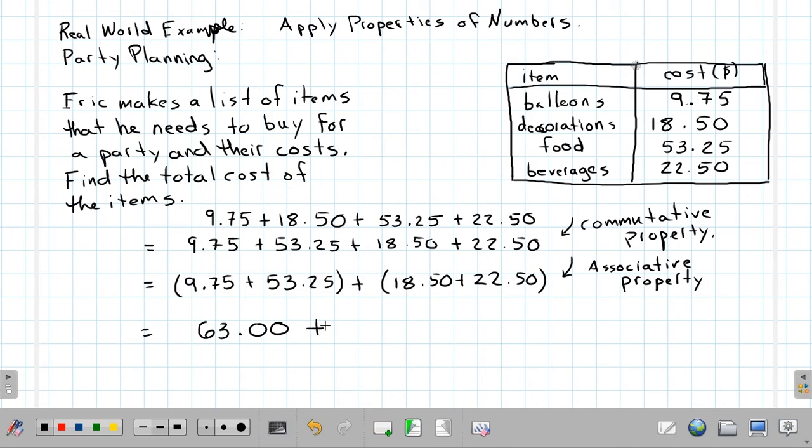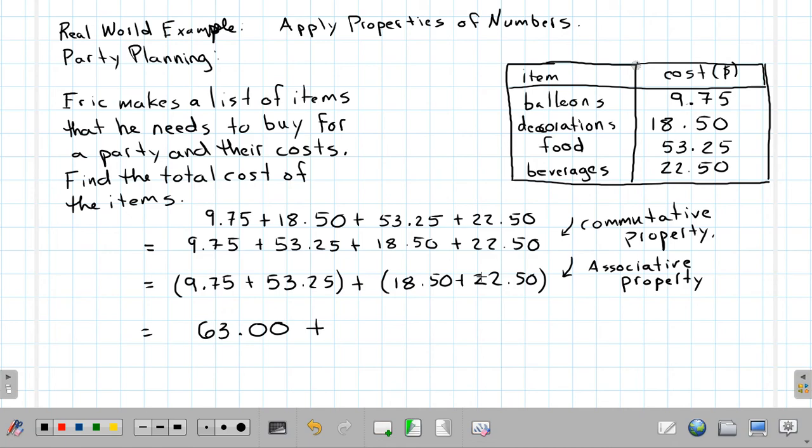Okay. Same thing with the $18.50 and the $22.50. We can see the 50 cents and the 50 cents will make $1. Okay. And we can either add that to the 18 or the 22, but we can have 18 plus 22. We know that that is, well, 2 plus 8 is 10. That's going to be 40. Okay.